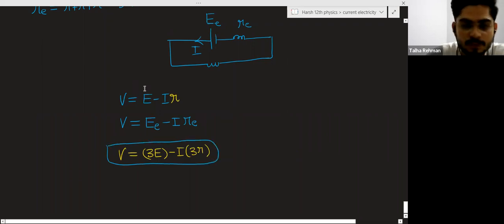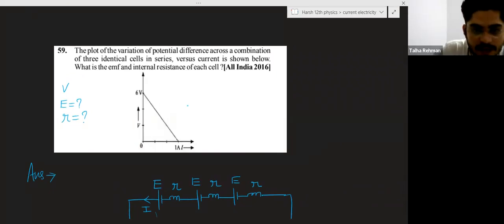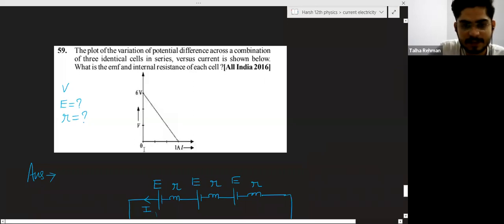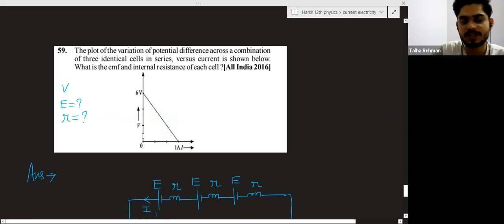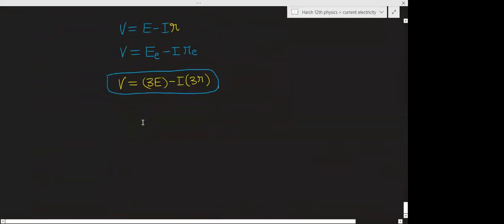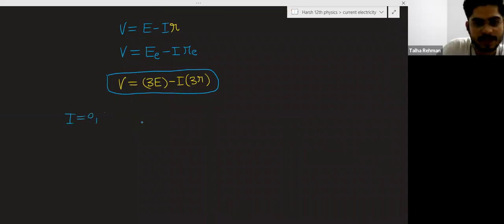What you will do here in this graph, you can see that at this point the current is 0. If the current is 0, what is the potential difference V? For current 0, the potential difference is 6 volt. When you put I is equal to 0, you will get V is equal to 6 volt.